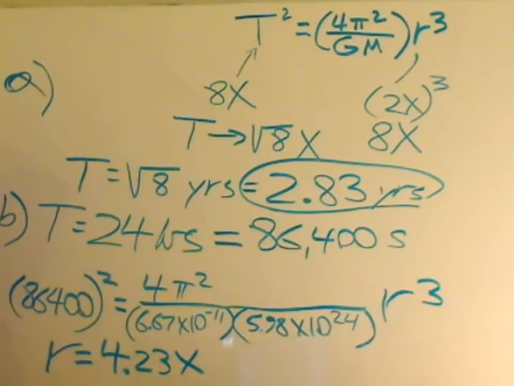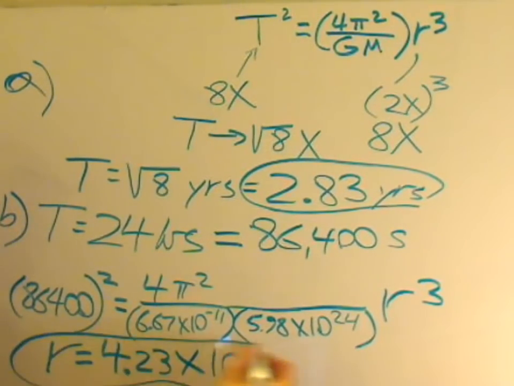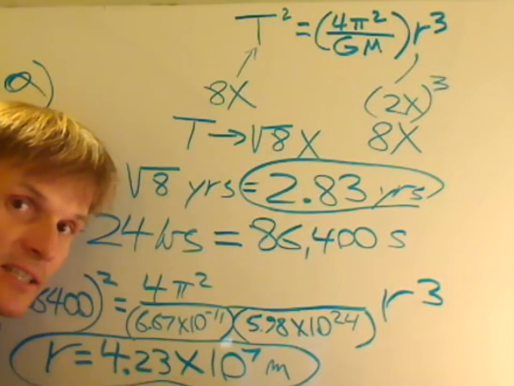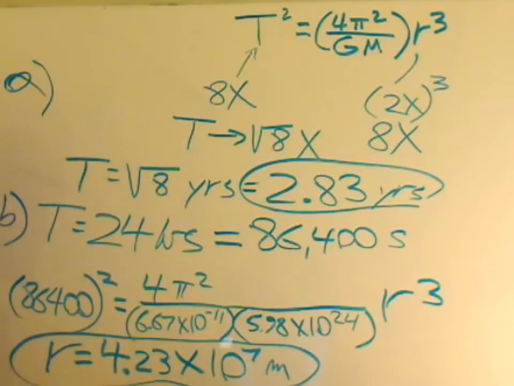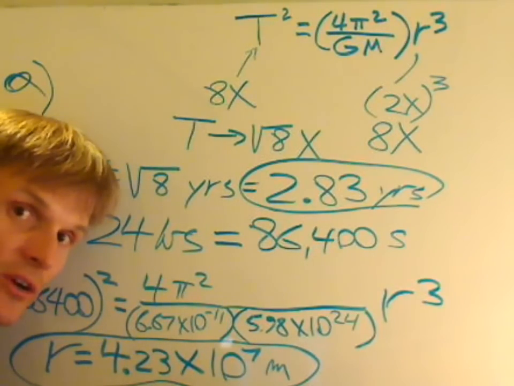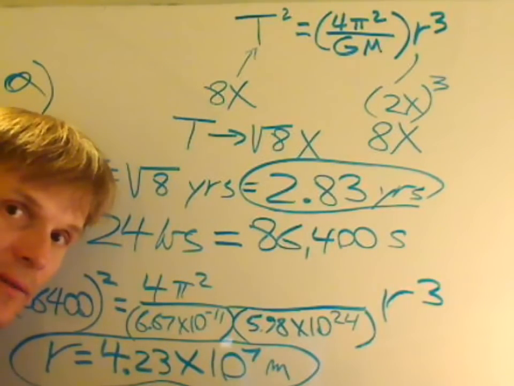It's 4.23 times 10 to the 7 meters. The radius of the Earth is only about 6 times 10 to the 6 meters, so this is roughly 6 or 7 times the radius of the Earth. So a geostationary orbit is pretty far away from the Earth.